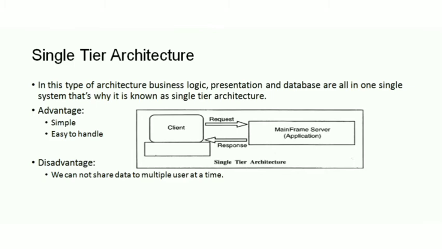What is the task of the server? The server has the task to respond to the request which comes from the client. So this is the main task of client and server. Always the client performs a request and the server gives the response to the client. So when a single system performs both tasks, it is defined as a single tier architecture.